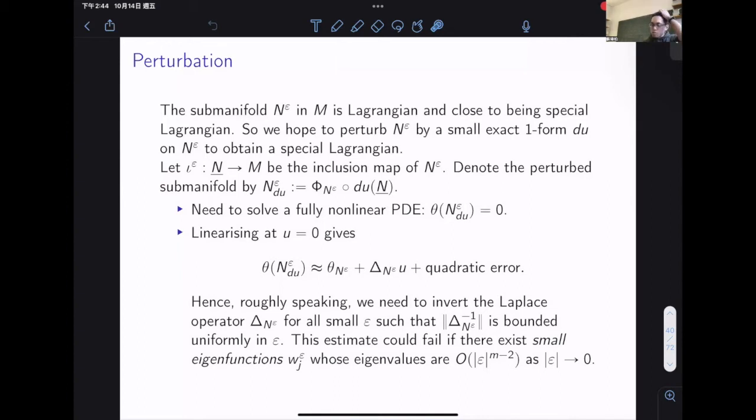This kind of estimate could fail if there exist so-called small eigenfunctions whose eigenvalues go to 0 as epsilon goes to 0, because in this case the inverse of the Laplace operator goes to infinity as epsilon goes to 0. So we don't have a uniform bound for the inverse.